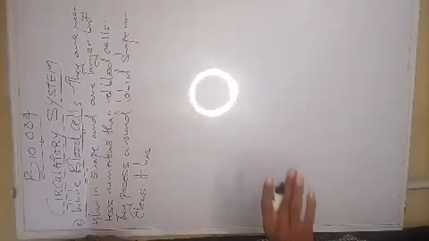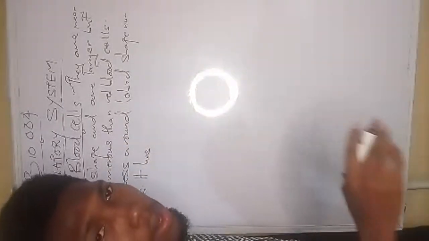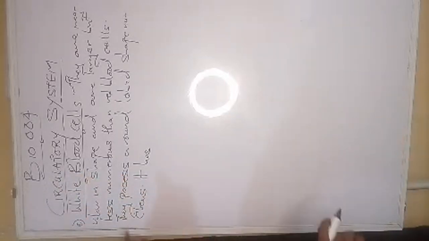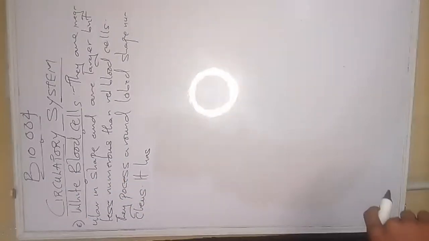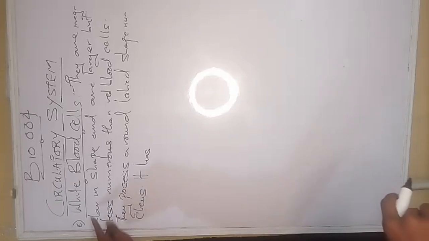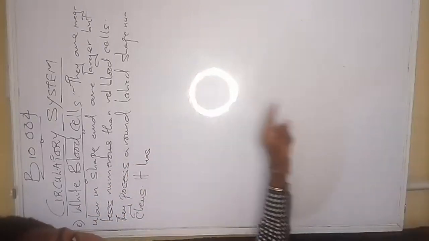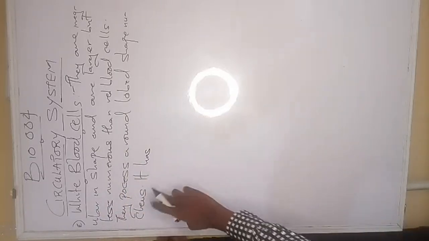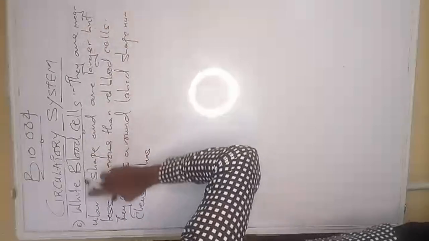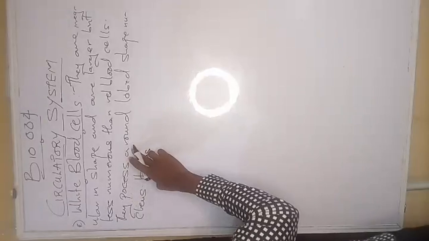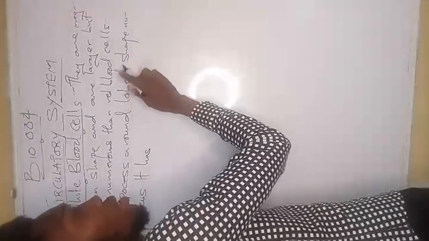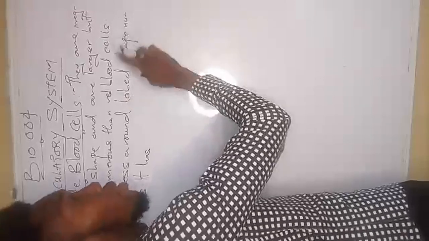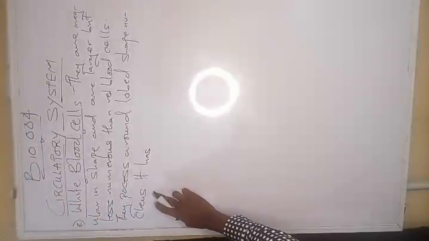Okay, let's talk about where it is produced first. Okay, I said they possess a round, lobed, L-O-B-E-D, a round lobe-shaped nucleus.